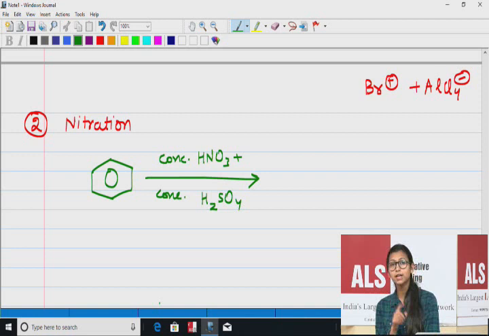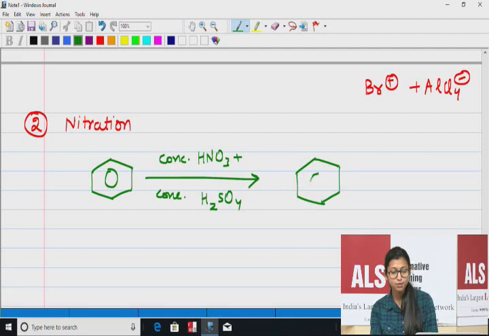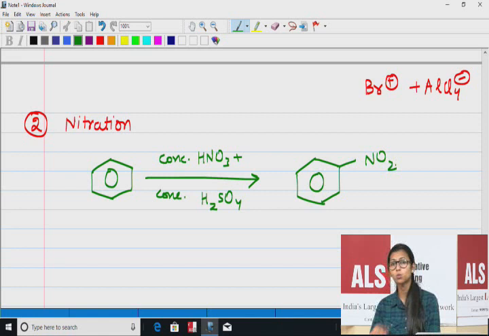Both acids you will be taking. When both of the acids are there, I will have NO2 on the benzene. Now if I ask you what is the electrophile in that case, you will say it will be NO2 plus, because that is the group which I am having on the benzene in the product.